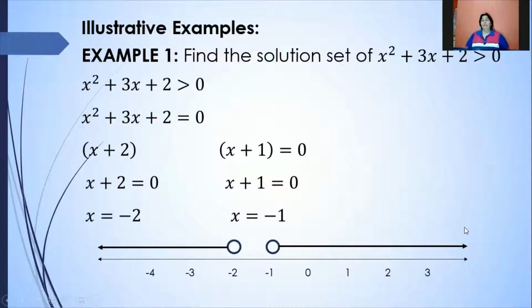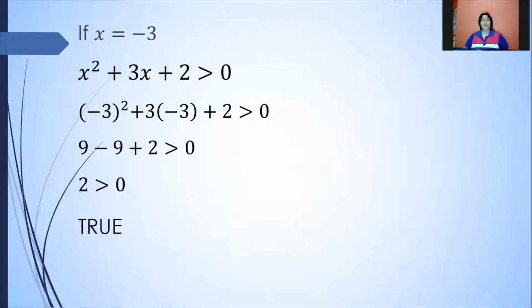Okay, now this is the solution, but we have to prove if this is correct. You have to assign a value of x in order to check if this is the solution. Let us check if x is equal to negative 3. Substitute to the given quadratic inequality.